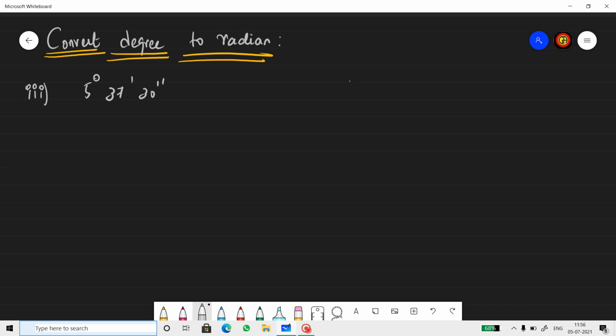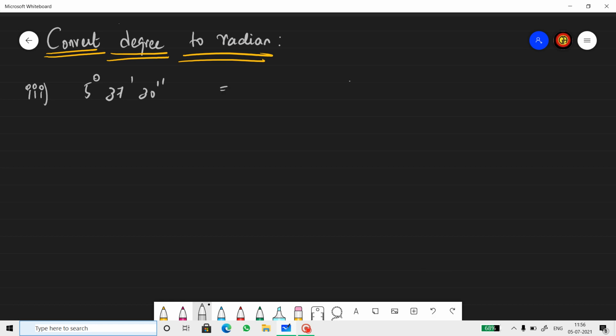Now the third sum, 5 degree 37 minutes 30 seconds. Okay, we need to convert this into radian. But before that, we need to convert this into a wholesome degree. Now, first thing is to convert seconds to minutes, then minutes to degree, isn't it? With that, we get them into a full degree form, and then we can convert them into radian. All right.